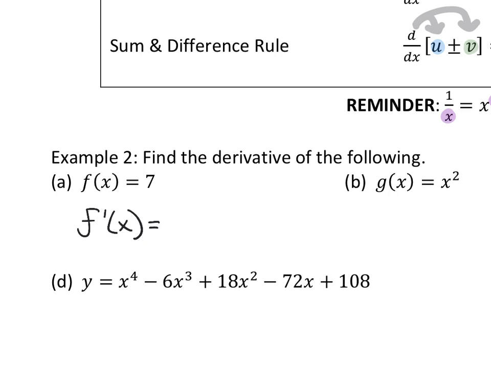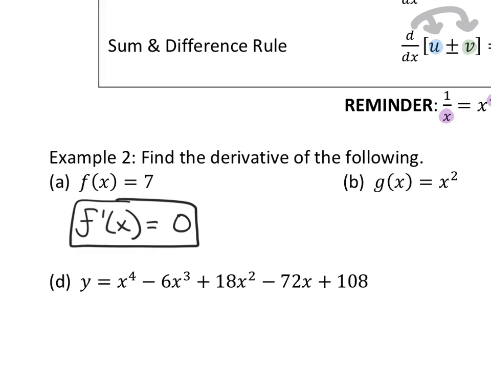What's the derivative of any constant? 0. Anytime there's a plain number, the derivative is 0. What that's saying is, for any flat line on a graph, the slope is 0. Is that true? A flat line on a graph has a slope of 0. Yes. Okay? That's the constant rule.